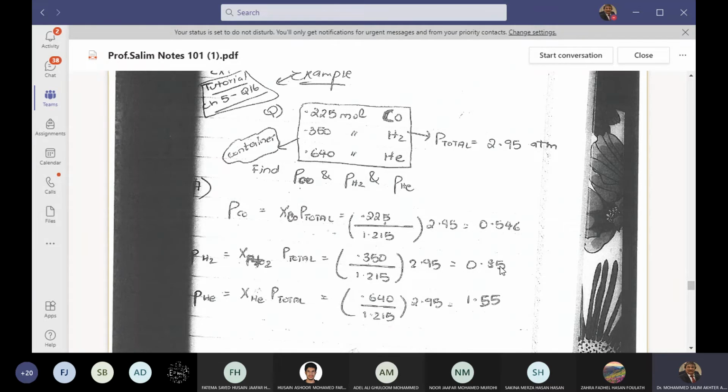He took 0.85, which is okay. Now this one, 0.640 divided by 1.215 multiplied by 2.95, and the answer is 1.554. So 1.554 plus 0.85 plus 0.546 gives 2.95.